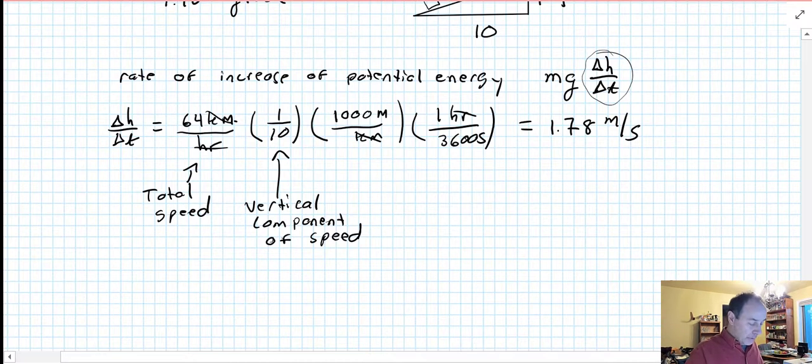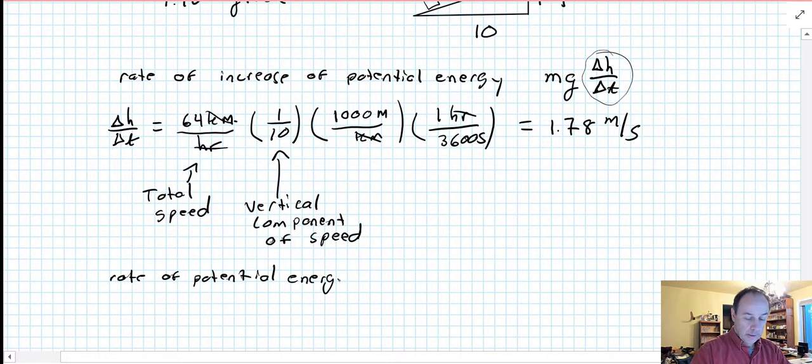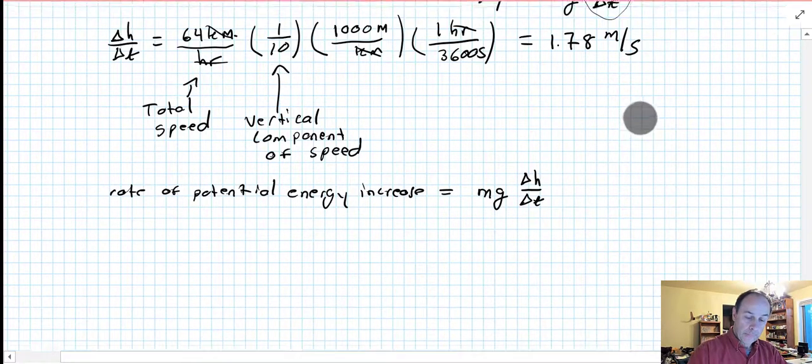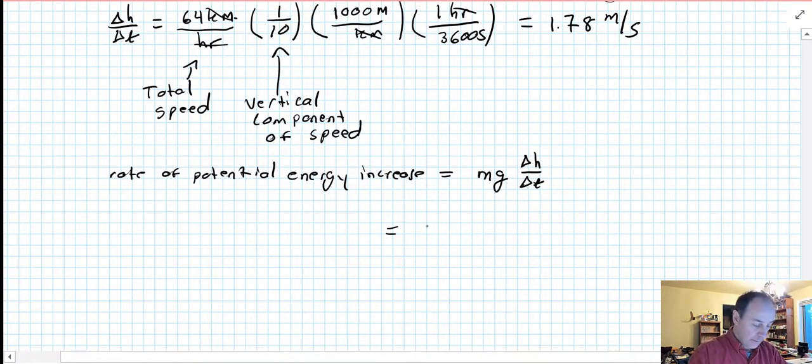So now the rate of potential energy increase is pretty easy because m and g are constant. So the rate of potential energy increase is mg delta h over delta t, which equals 1,500 kilograms times 9.8 meters per second squared, and then times 1.78 meters per second. I'm putting my units in just to make sure everything's okay.